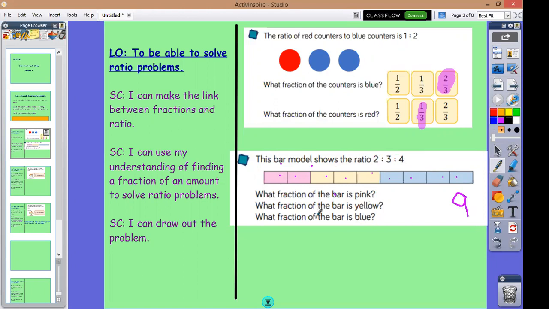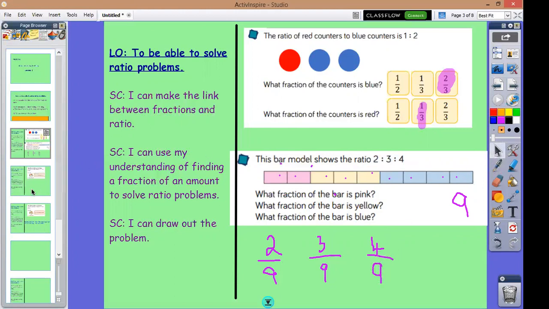What fraction of the bar is pink? Really simple. I've got 2 pinks out of the 9. So I'm going to do 2 out of 9. What fraction of the bar is yellow? It's going to be 3 out of 9. And then what fraction of the bar is blue? That's 4 out of 9.